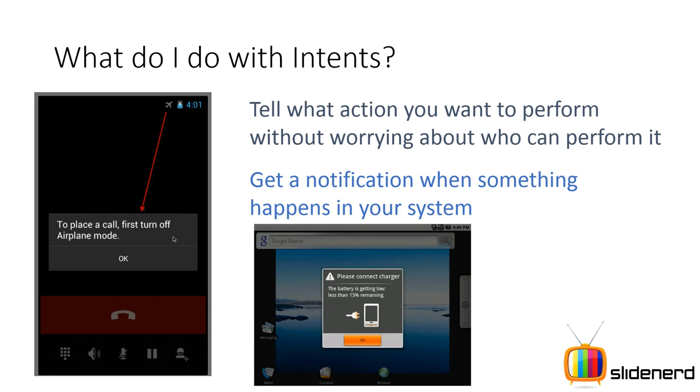Now don't worry too much about what I just said. If you don't know what a broadcast receiver is or what events are, simply, they are notifications when something happens, like your battery goes low, your Bluetooth was turned on, your network availability is not there, or you have your airplane mode on. There are hundreds or maybe thousands of events like that in the Android device, and each event is converted into an intent object, and that is broadcasted to everybody in the system. That's how the Android operating system works with events.